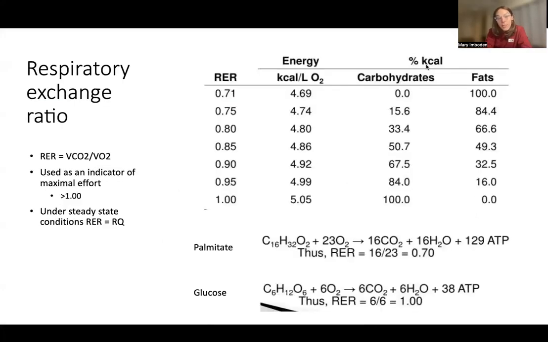The respiratory exchange ratio, this is one that on your testing, you probably want to pay attention to every minute, because it does give a good indication of how close someone is to their maximal effort. And respiratory exchange ratio can actually be calculated as your carbon dioxide output over your oxygen consumption. And it actually reflects in resting states our respiratory quotient.